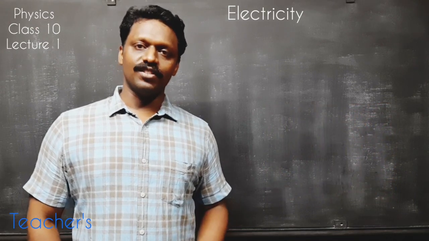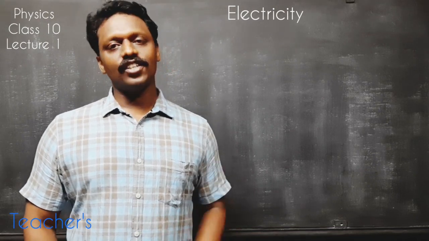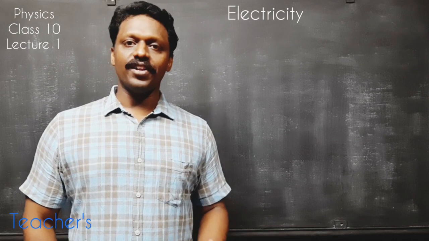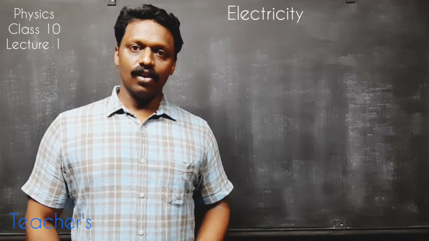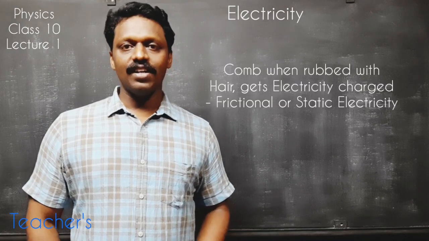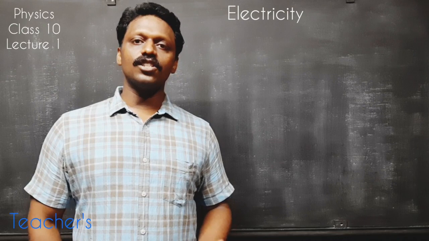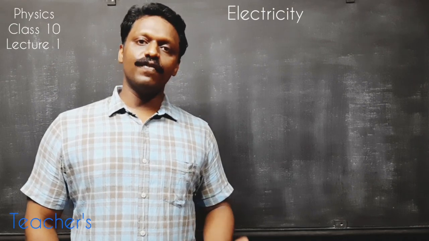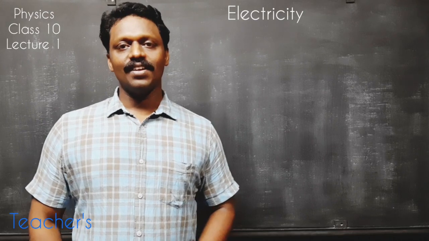These observations are explained by saying that initially the comb is electrically neutral, so it has no effect on the tiny pieces of paper. When the comb is rubbed with dry hair, it gets electric charge. This electrically charged comb exerts an electric force on the tiny pieces of paper and attracts them.